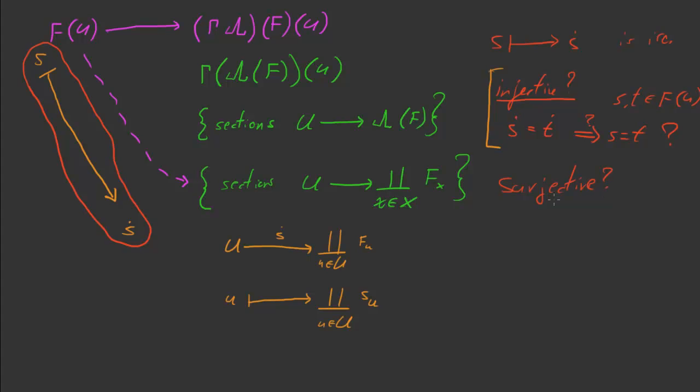So surjective, that's the other part of being a bijection, right? In other words, is it true that every element F inside of lambda, this is just rephrasing surjectivity, inside of gamma of lambda of F of U, is of the form F is equal to S dot for some S inside of F of U?